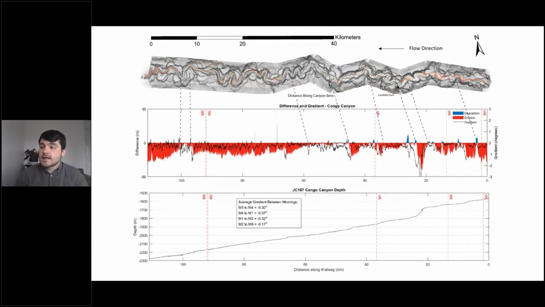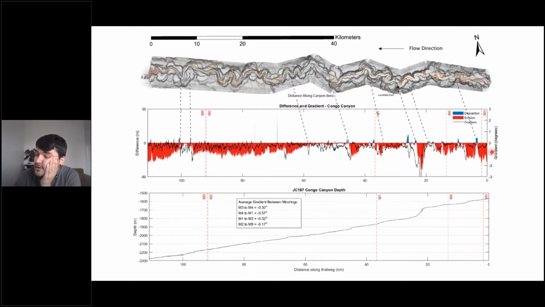Now here we have the Congo Canyon, which is the most proximal part of the survey that I showed you earlier. These are the water depths of 1,500 meters to 2,000 meters. The graph shows water depth of the Thalweg in 2019 versus 2020. In the center, you can see the total difference in depth between the 2019 and 2020 surveys.